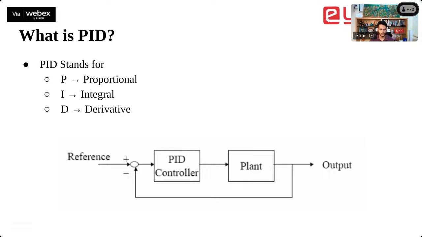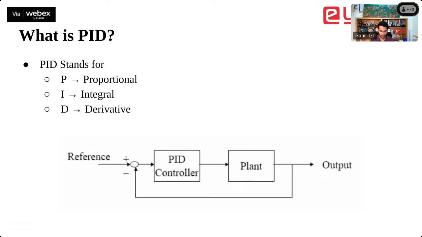Then comes the PID controller, which is the brain of the control system, where P stands for proportional, I for integral, and D for derivative. The plant represents the system or process that you want to control. This could be a motor, a heater, a robotic arm, a vehicle, or any physical system whose output needs to be regulated. The PID controller's output acts as the input to the plant, influencing its behavior.